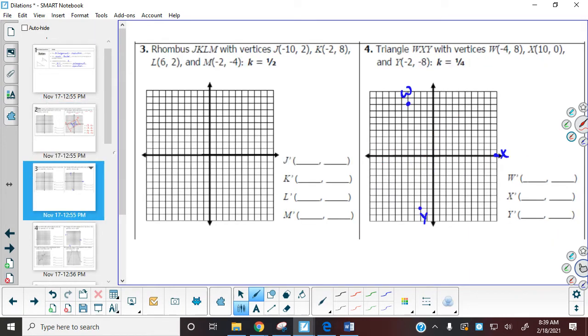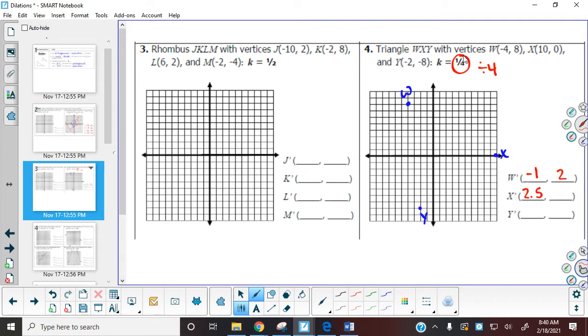If you take a look at number 4, again, I went ahead and plotted these points, and I'm just going to jump right in to multiplying everything by 1/4. Now, keep in mind, that is the same as dividing by 4, so you don't think of it as a fraction or as something scary. If we look at the first one, we get negative 1, 2. When you divide 10 by 4, you get 2.5.